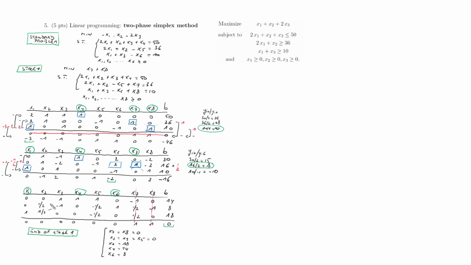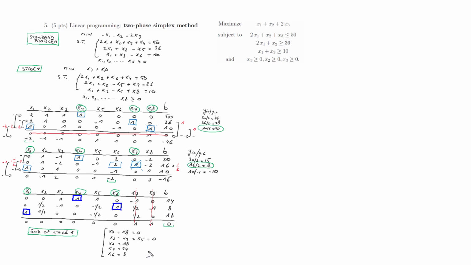You can clearly read their values over here, and because we have a pivot over here, a pivot over here, and a pivot over here, right? So x1 is 18, x4 is 14, x6 is 8, and the other variables are 0.